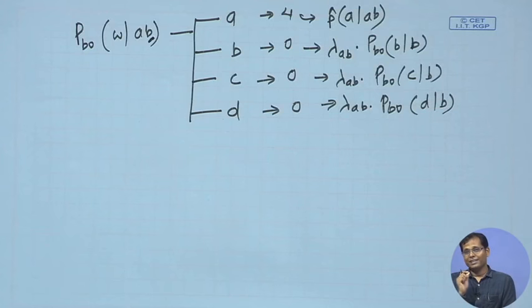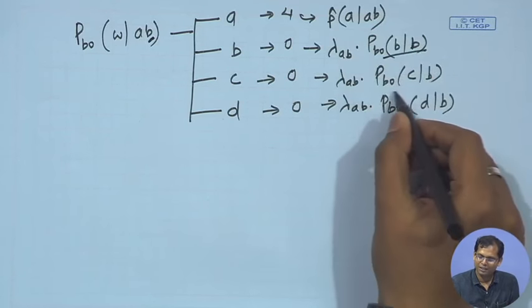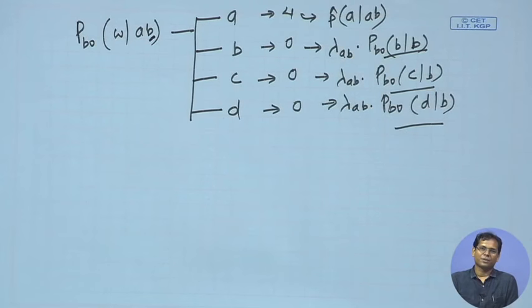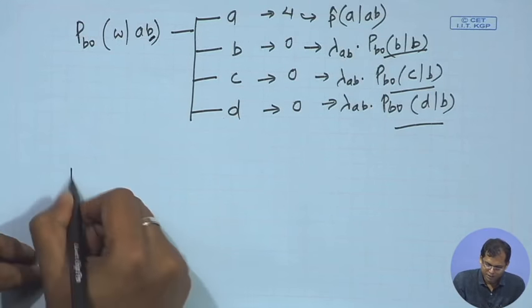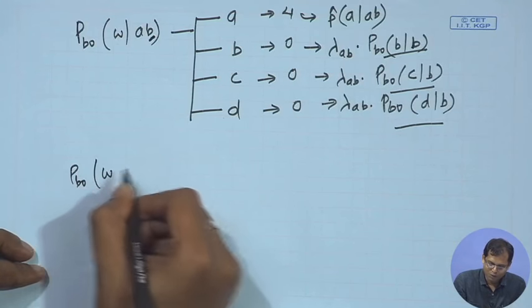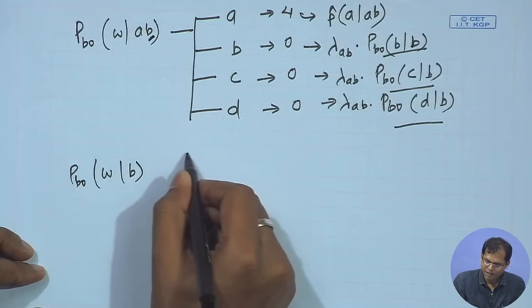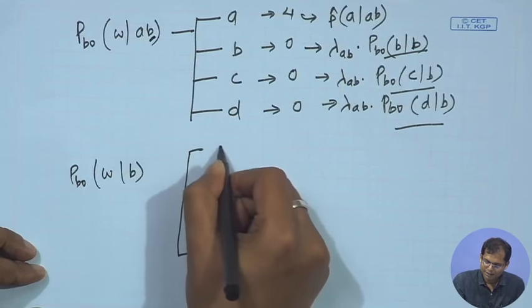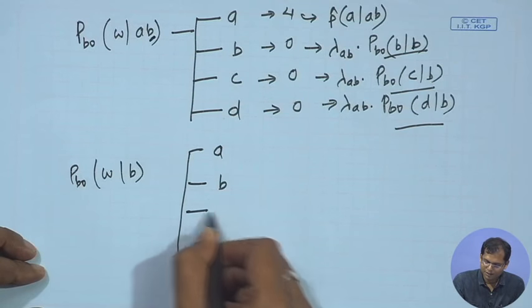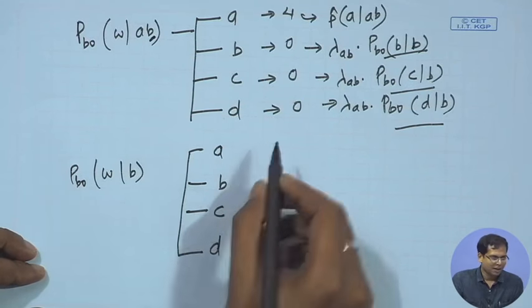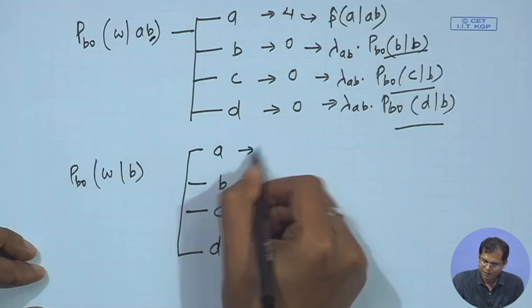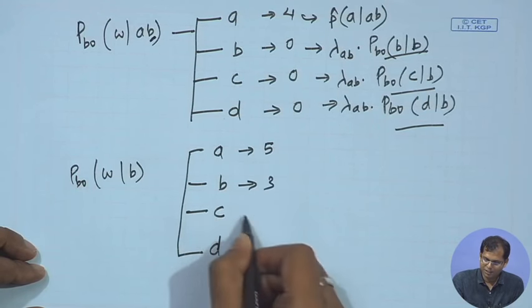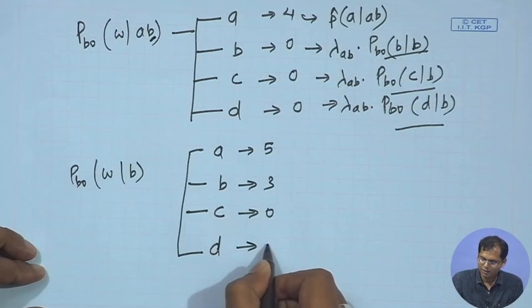So what it says is that now you have to compute the backoff probability of A given B, C given B, and D given B. Again you can use the definition. Now I am computing the backoff probability of W given B, where W is equal to A, B, C, and D. Now I see A occurs 5 times, B occurs 3 times, C occurs 0 times, D occurs 0 times.